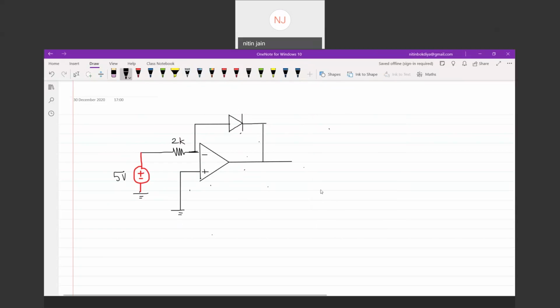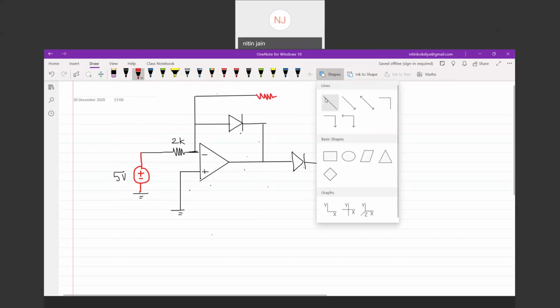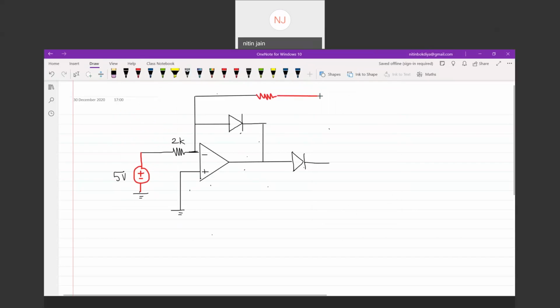Now we have one more diode which is connected to the output.